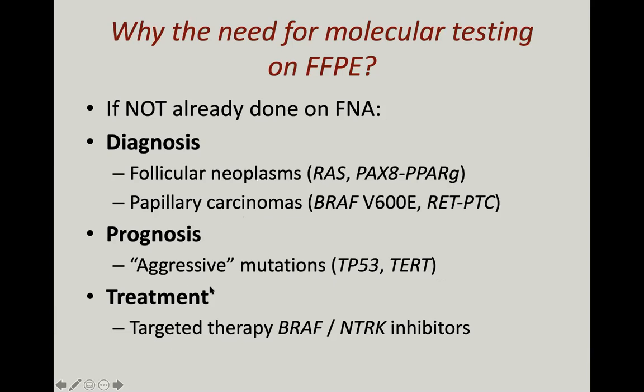And certainly for actual targeted therapy, if the patient has a BRAF V600E mutation, they can undergo treatment with BRAF inhibitors. And if they have an NTRK rearrangement, they can undergo treatment with NTRK inhibitors as well. So there are various reasons why molecular testing is becoming important for thyroid, diagnostically, prognostically, and therapeutically.